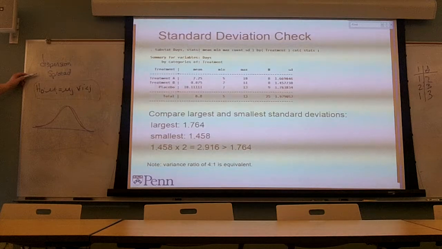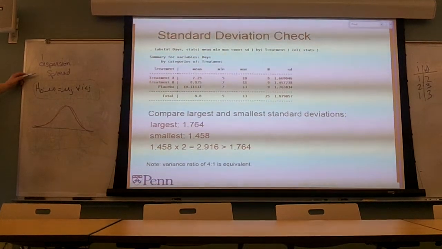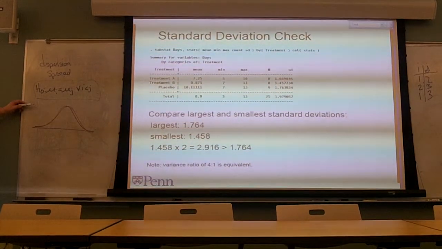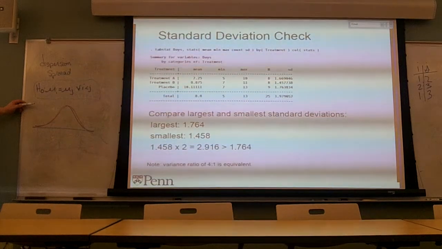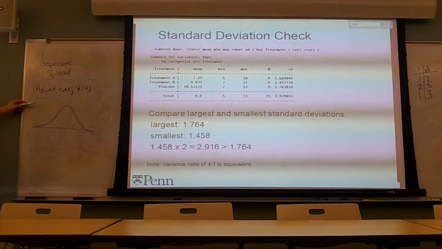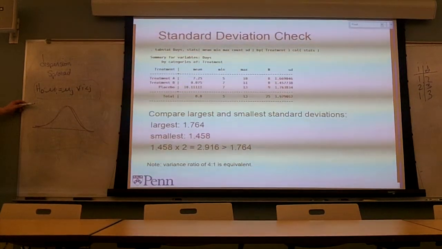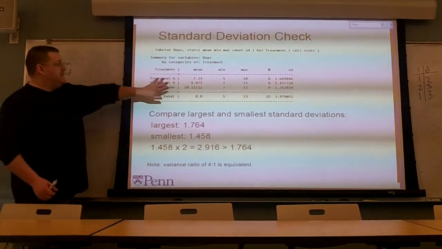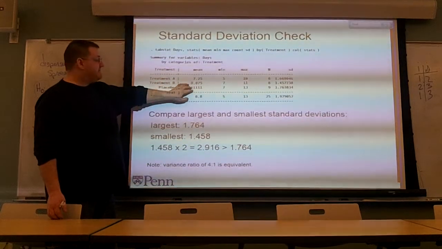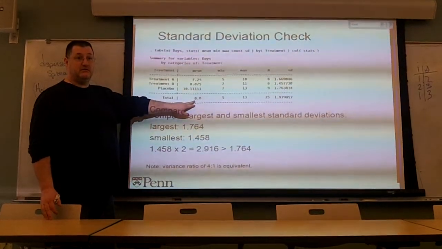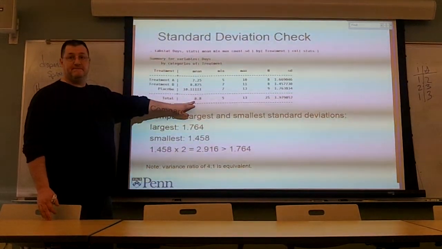Spread from what? From the mean, right? So what the analysis of variance does, it says, okay, I'm going to look to see if the groups are different by looking at the degree to which the group means are different from the grand mean. Right?